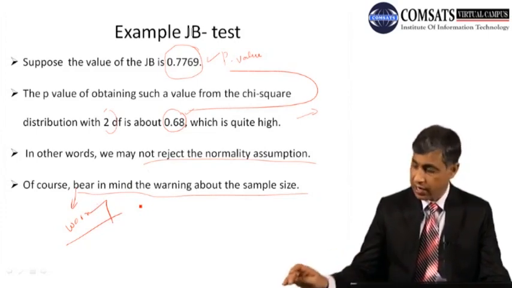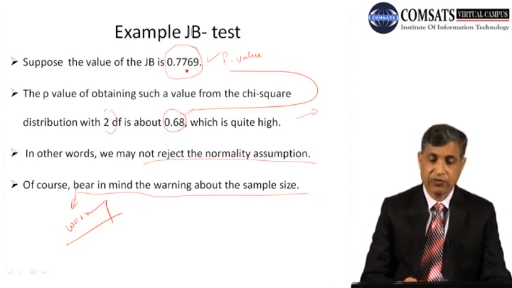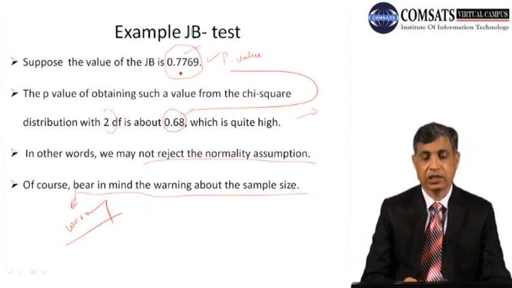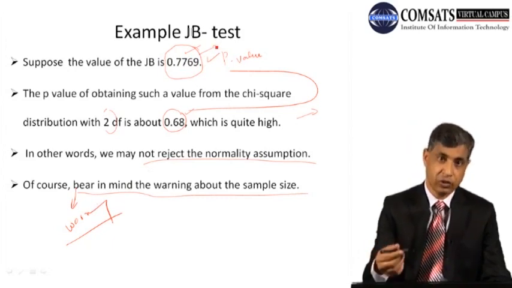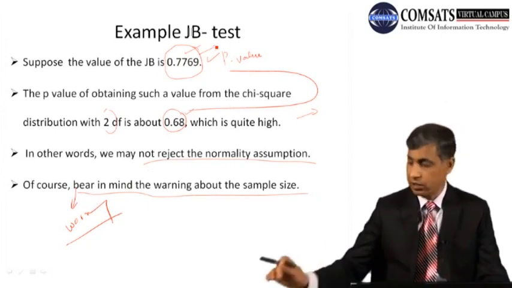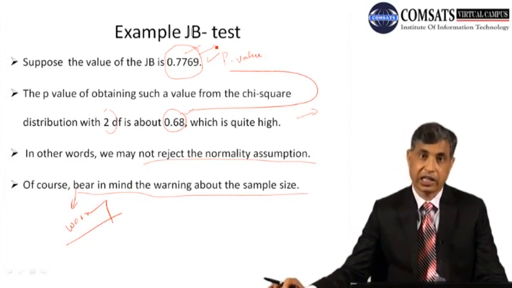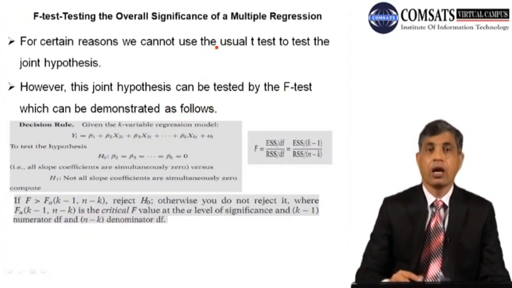It shows that our residuals are normally distributed. In other words, if the Jarque-Bera value is small, then it is not dangerous, but if it has a higher value, the p-value will come lower and lower, and ultimately you will fall in the range of rejecting the null hypothesis.